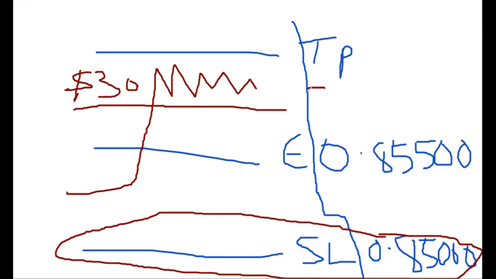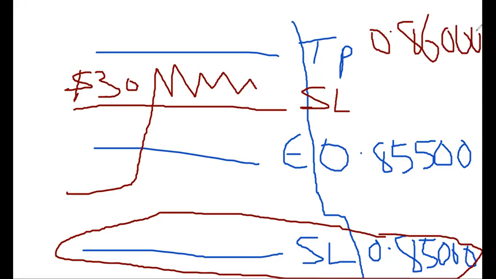Let's say this is 0.86000. Do you agree with me that once that is done, the value of the stop loss changes? Probably the value of the stop loss now becomes 0.85700.